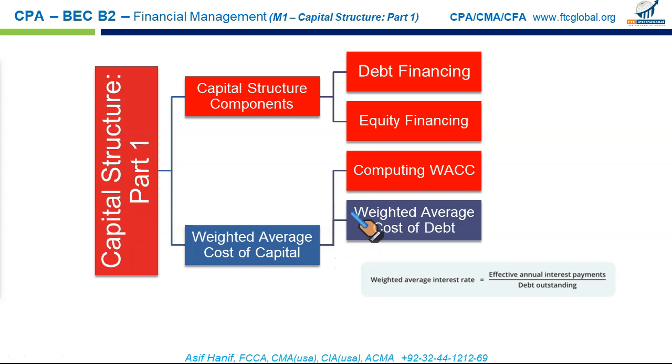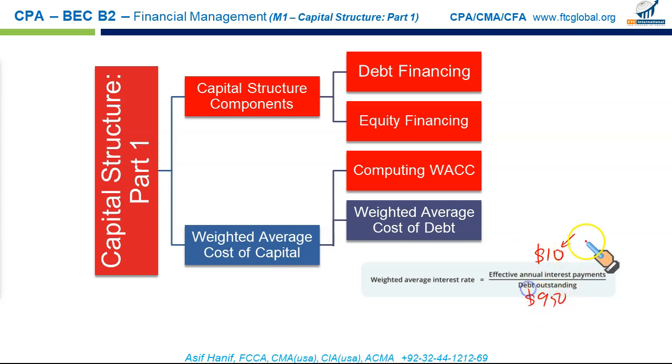Let us now discuss how we calculate the cost of debt. For this we use this formula: effective interest payments. Let's say we make an interest payment regularly of $10, and the current market price of the bond for which we paid $10 interest is $950.